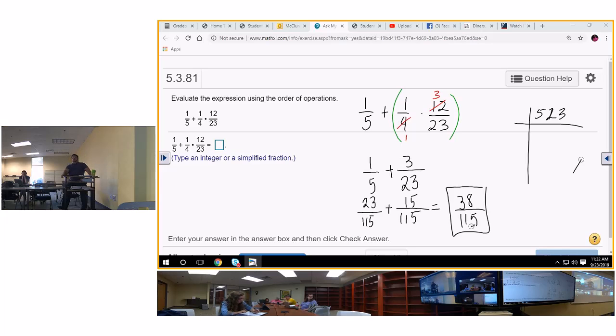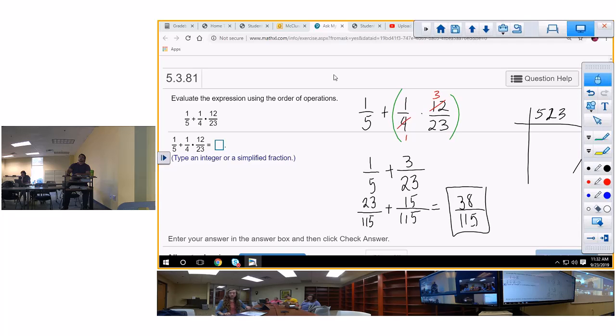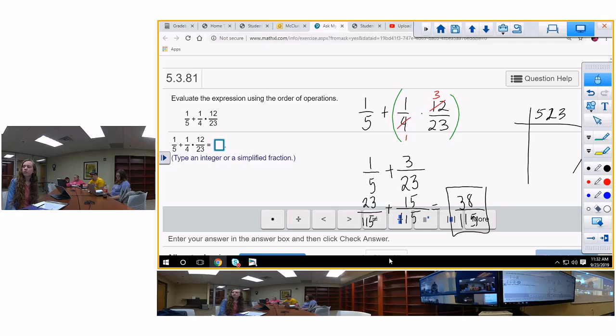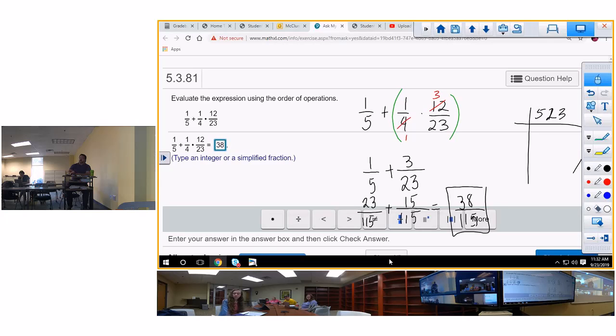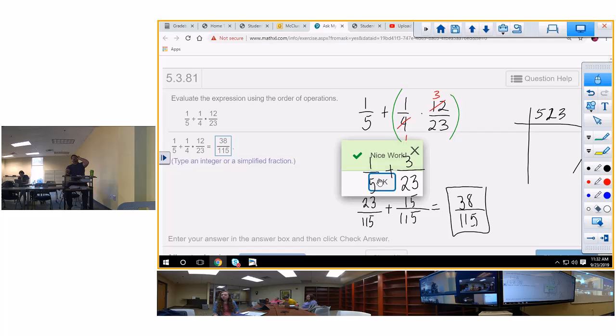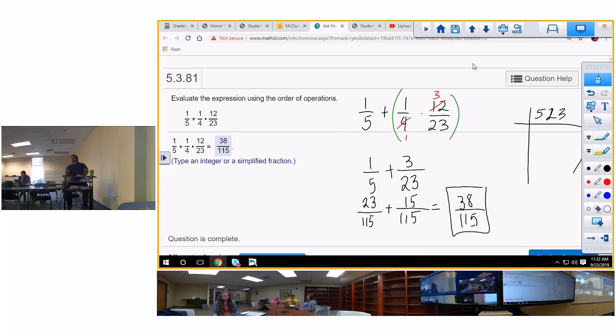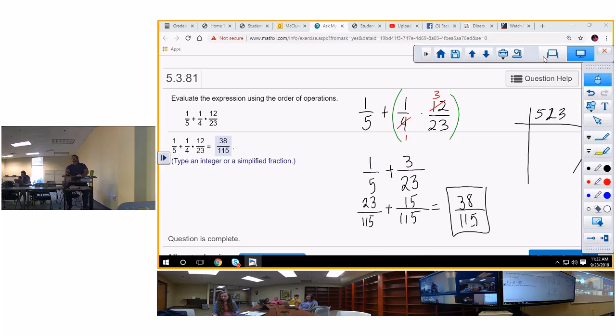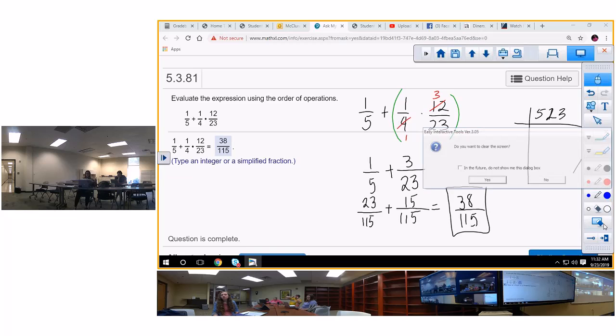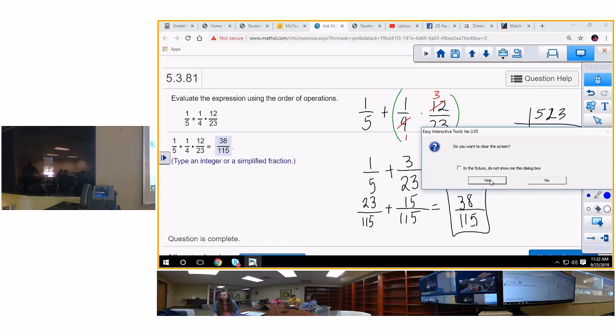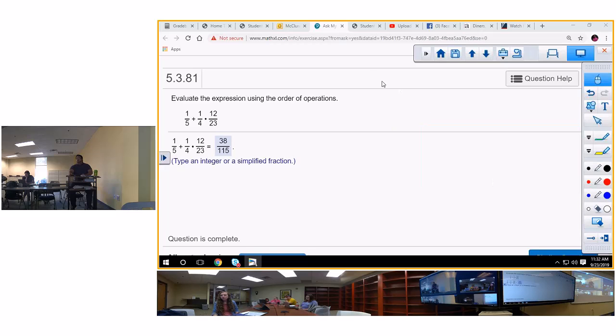Question on that one? So that's going to give you 38 divided by 115. And you feel good about yourself. So if it's division and multiplication, you still do the multiplication first, right? No. Division and multiplication do left to right.